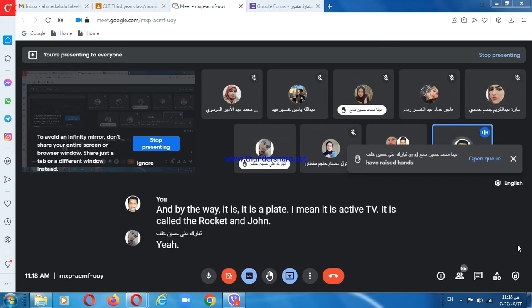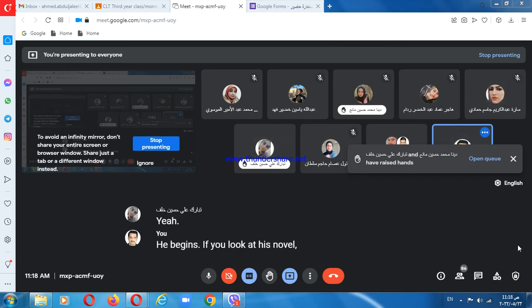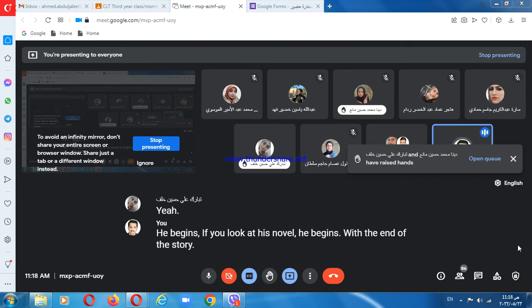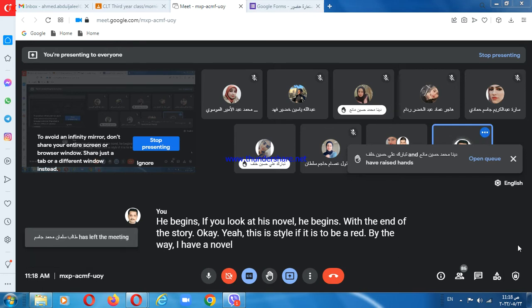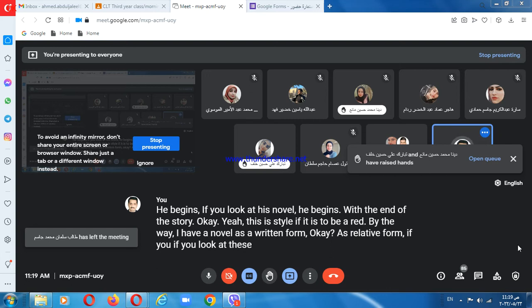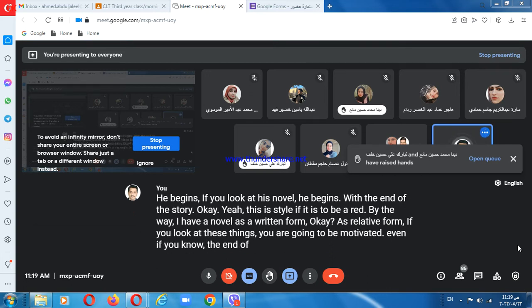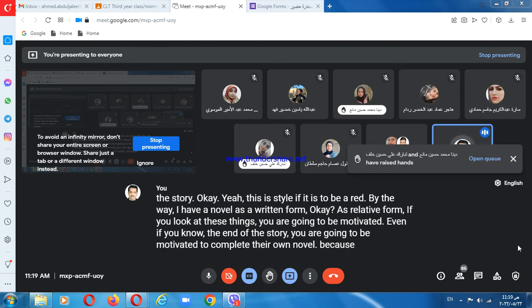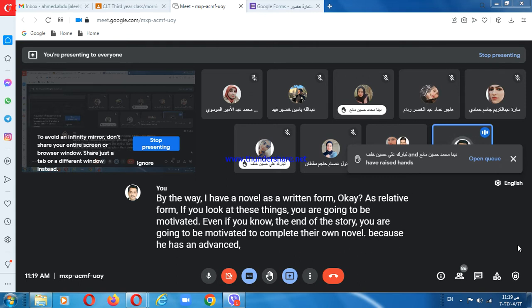If you look at his novel, he begins with the end of the story. By the way, I have the novel in written form. If you look at these things, you are going to be motivated. Even if you know the end of the story, you are going to be motivated to complete the whole novel, because he has an advanced style to convince you to continue reading.